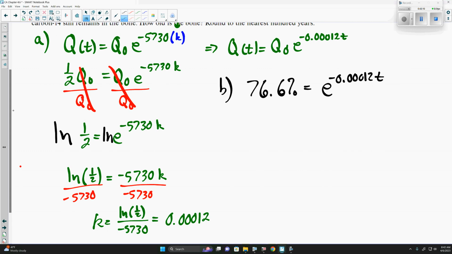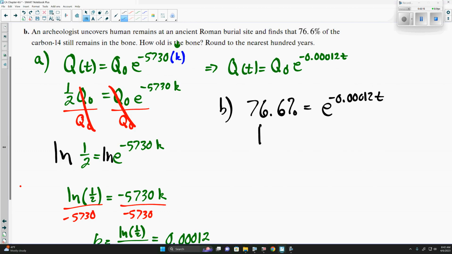We have it on both sides, and it's going to simplify out. Now, we'll need this as a decimal.